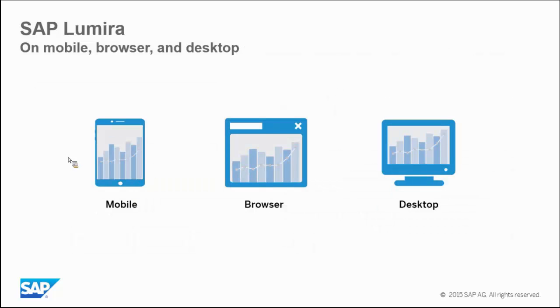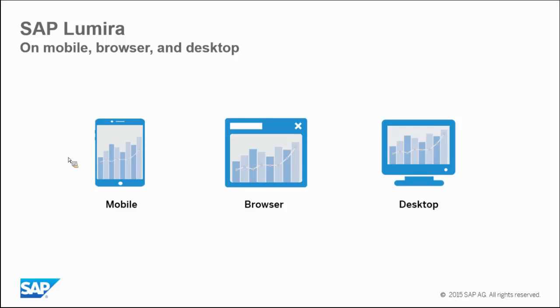Before I get into the details of SAP Lumira on BW, let me quickly provide you an overview of the SAP Lumira solution. As we speak today, you can work with SAP Lumira either on the Lumira desktop or on the browser for Lumira Server on the platform and Lumira Server 1.4.